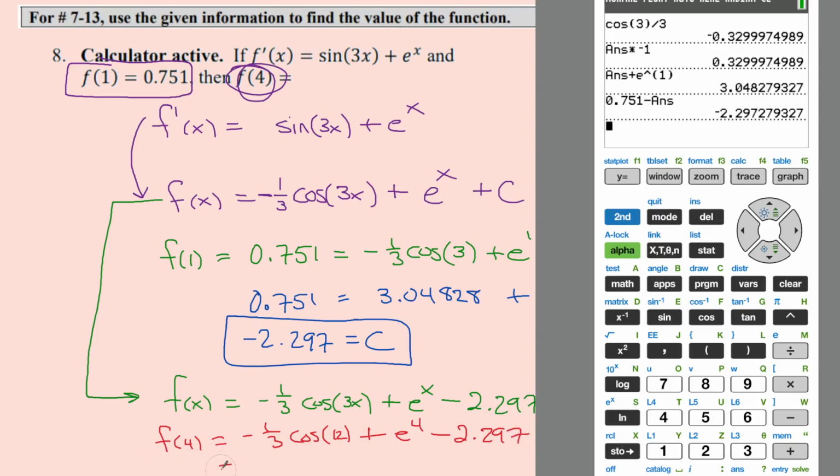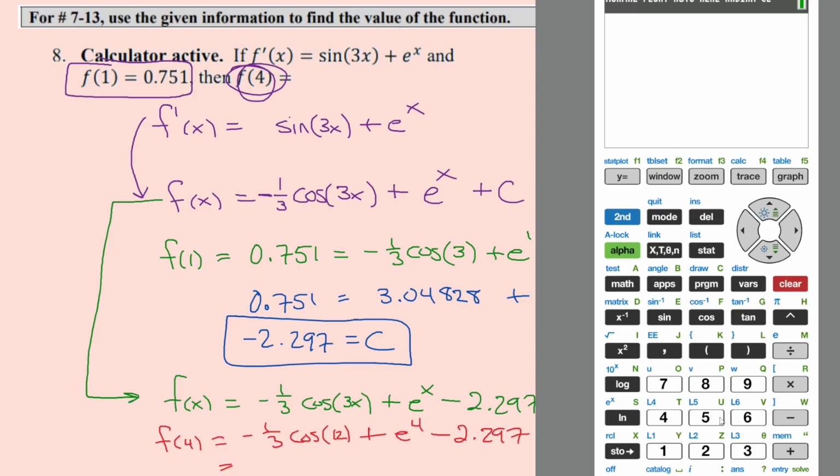So just do your best, evaluate this thing, just chuck it into the calculator. And in the calculator, you're going to get negative a third as a coefficient on a cosine of 12 plus an e to the 4th. Can I say minus our previous answer? I can. So I better actually say plus and then do this, because it's going to bring in the negative automatically.